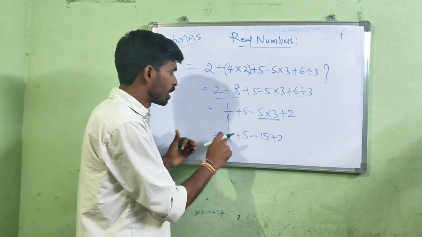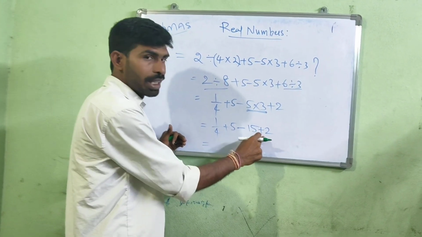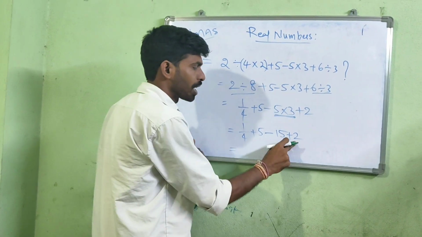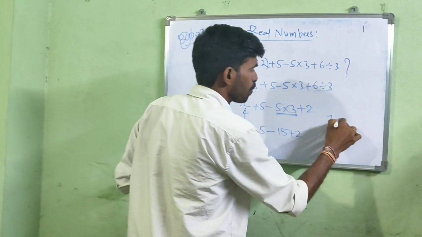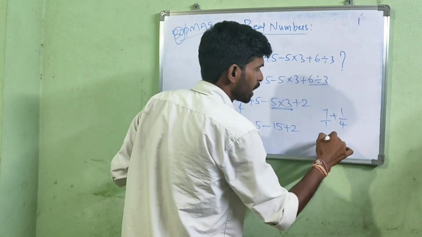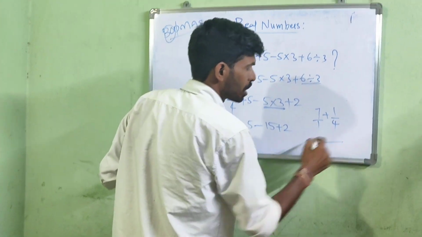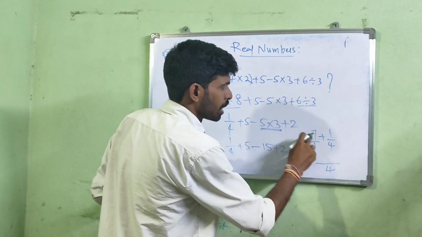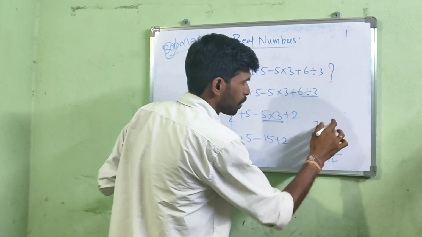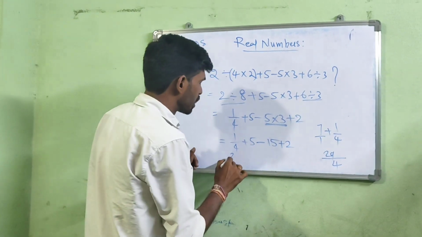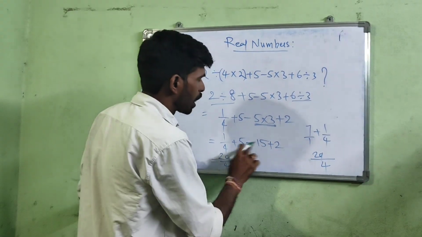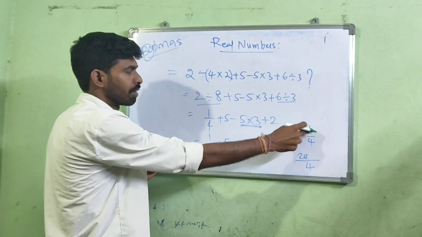That's why 1 by 4 plus 2 plus 5 we need to complete first. 5 plus 2 is 7, so 7 plus 1 by 4. If we take 1, what is the LCM of this? That is 4, sorry. Then 7 fours are 28 and plus 1 is 29. So this is 29 by 4.